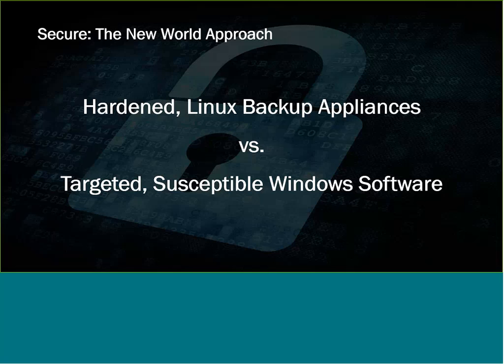So I think this is something where the new approach, where you have a hardened lockdown Linux appliance that's purpose-built for backup and not generally purpose-built to be Windows software that's open. This allows not just the operating system difference, where you're not seeing Linux be targeted nearly as much from a security or ransomware perspective, but you're also talking about that hardening that I mentioned, where this is locked down just to expose what's necessary for the backup function. And that also makes it much less susceptible to any type of security or malware attack.